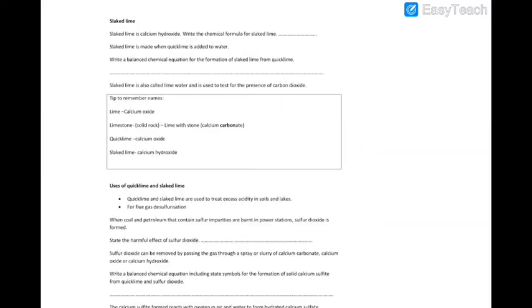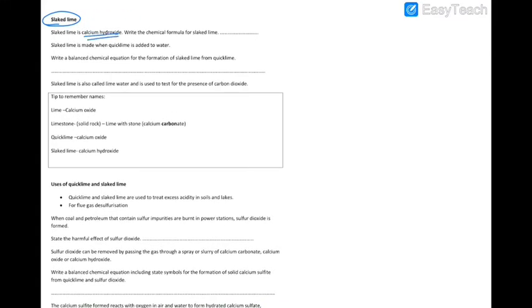Now, another form of lime is slaked lime. Slaked lime is calcium hydroxide. Now, calcium hydroxide can exist in two forms. You can have solid calcium hydroxide or aqueous calcium hydroxide. Solid calcium hydroxide is called slaked lime, and aqueous calcium hydroxide is what is called lime water.